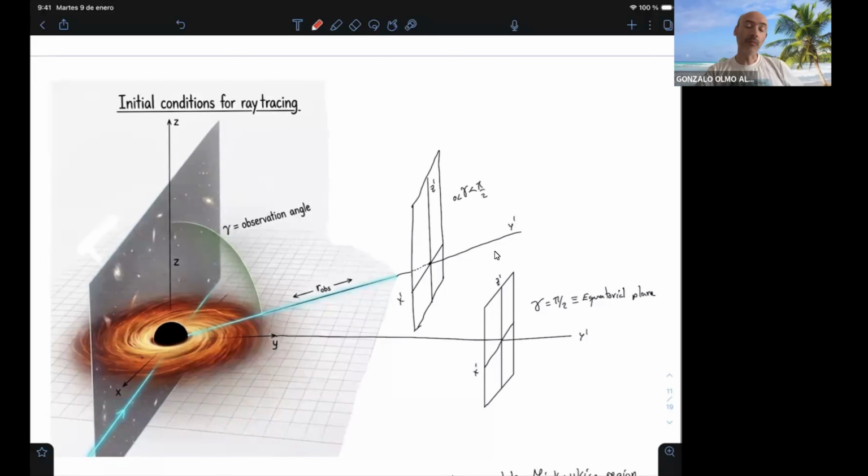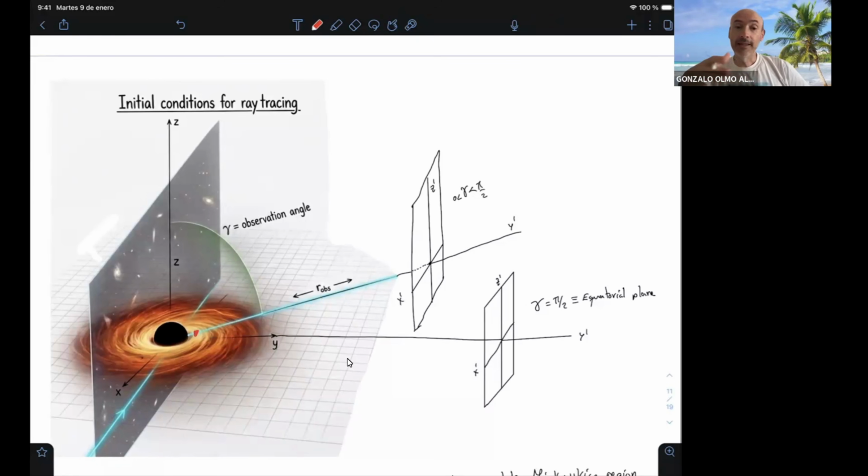Okay. So when, for instance, this light ray is propagated towards the accretion disk, let's say that this photon is emitted from this point here. If we emit the photon from that point, then that point is at a given distance from the black hole.